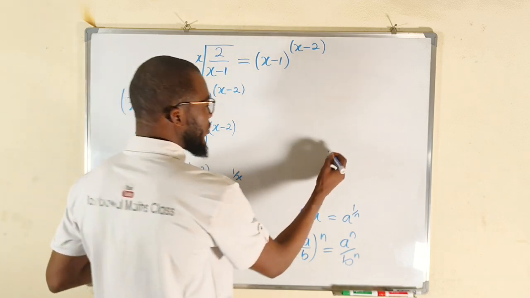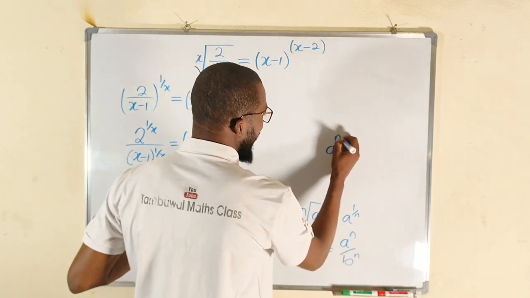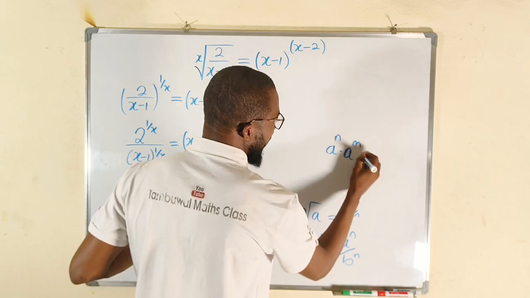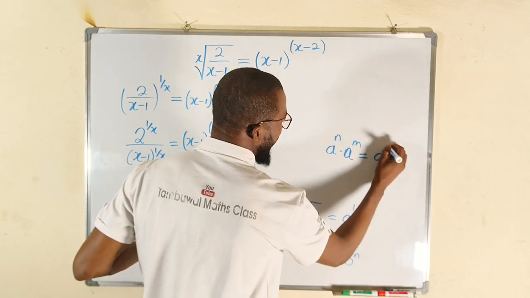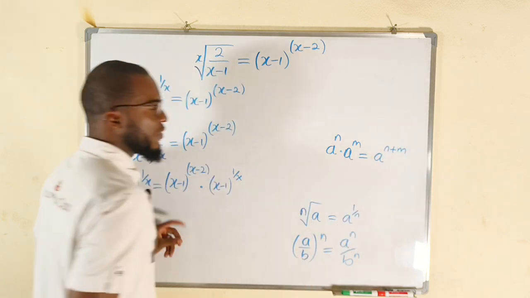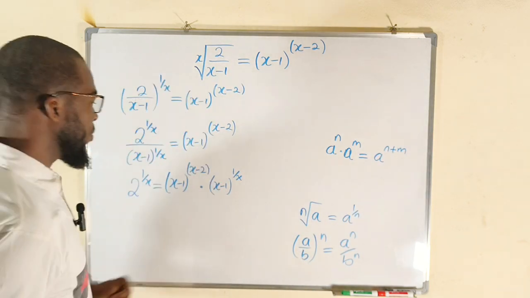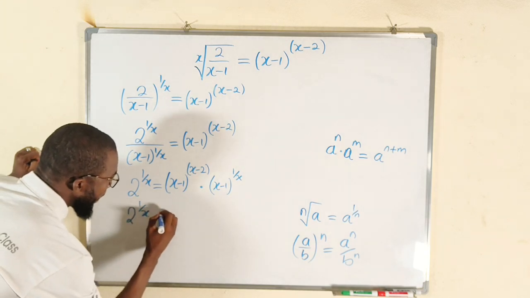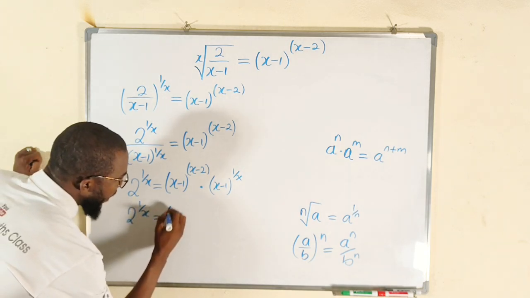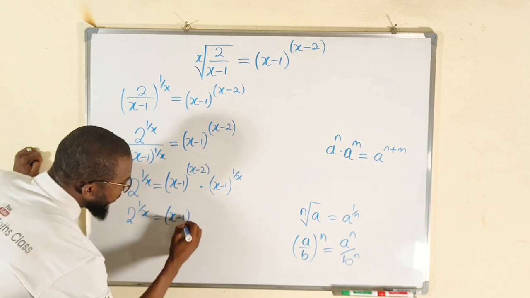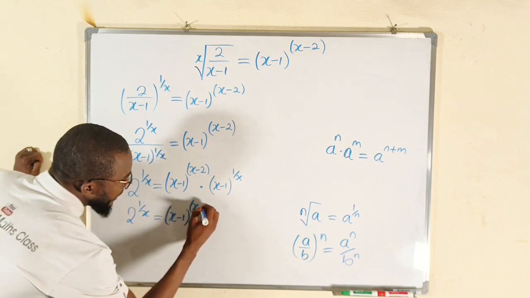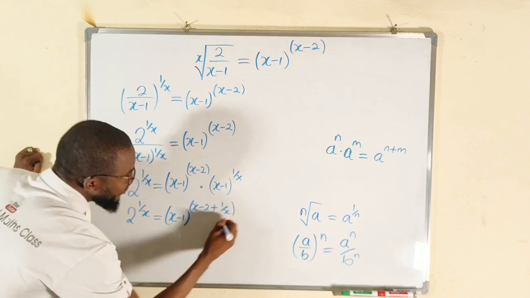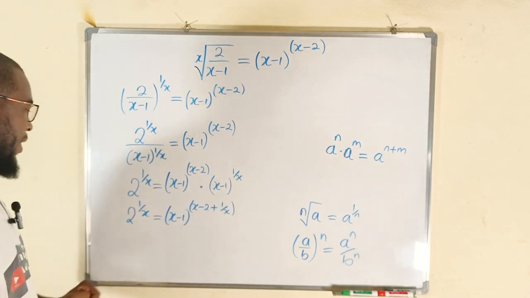According to one of the laws of indices, a to the power of n multiplied by a to the power of m is the same as a to the power of n plus m. Just take a single base and add the exponents. So we have 2 raised to the power of 1 over x equals x minus 1 raised to the power of x minus 2 plus 1 over x. We have just added the exponents.